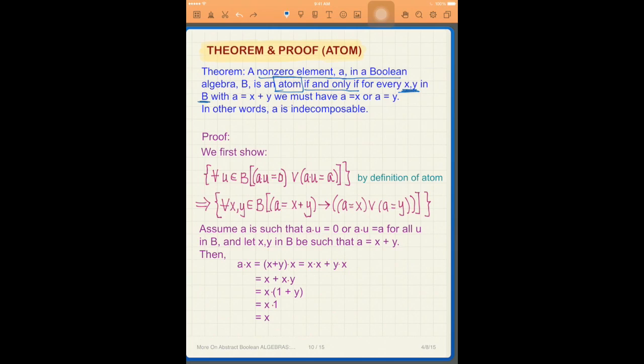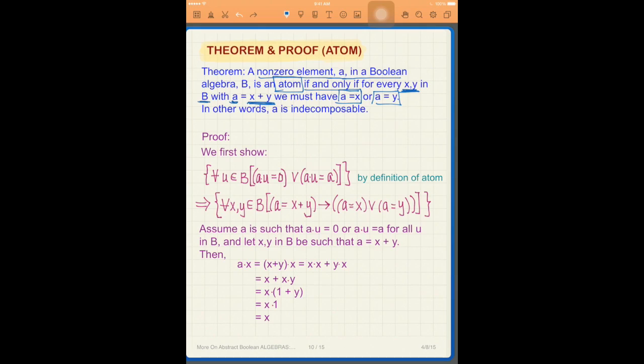So take any elements X and Y in the Boolean algebra, and let's say that we add them, whatever the operation is for addition. If you are going to have that be the atom A, then the only way to add two elements from the Boolean algebra and get back an atom A is if A is equal to X, or A is already equal to Y. Okay, what that means is this atom cannot be decomposed.